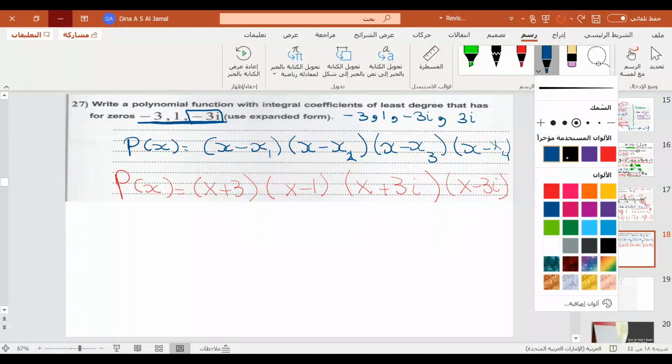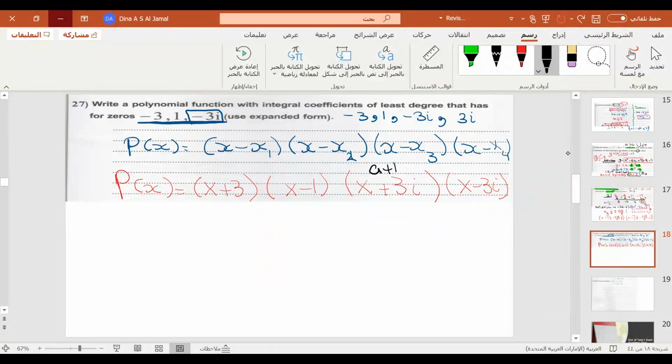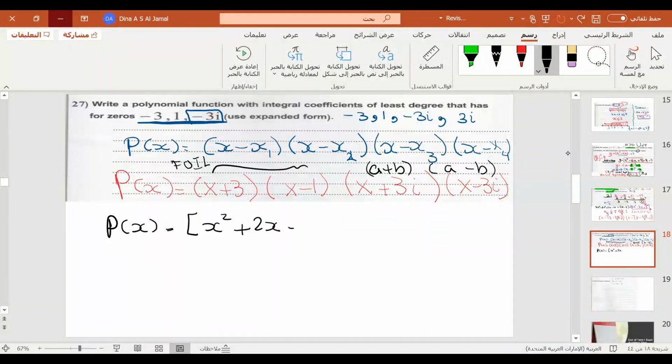Previously, in this video, I showed you how you can solve the a plus b, a minus b. So please, you can go back and see it again. And here, all you need to do is the FOIL method. So if we use the FOIL method here, the answer will be x squared plus 2x minus 3.